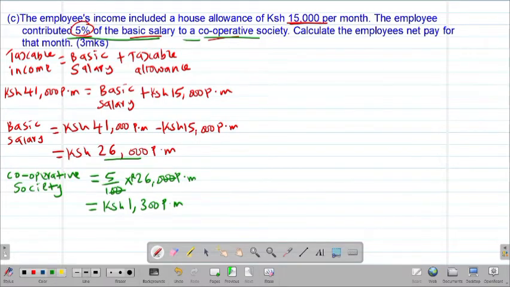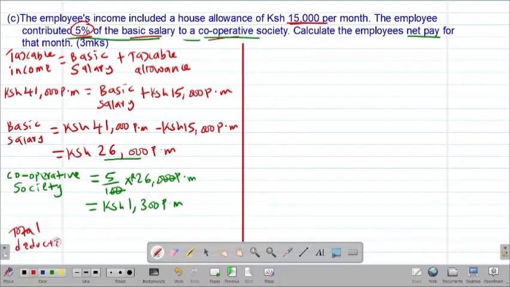the deduction. The question wanted the net pay. So of course net pay, we must have the taxable income, then of course we less the total deductions. Of course we already have the taxable income, therefore what we are missing is the total deductions. So we are going to say that total deductions will be given by, the first deduction is always the PAYE, also called the net tax.